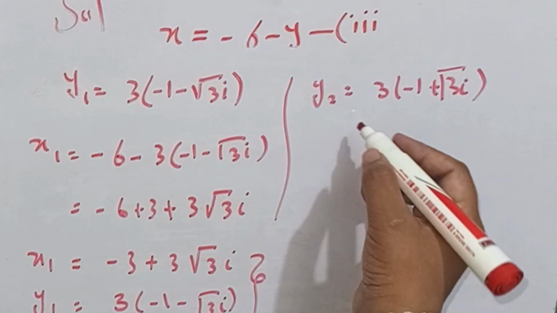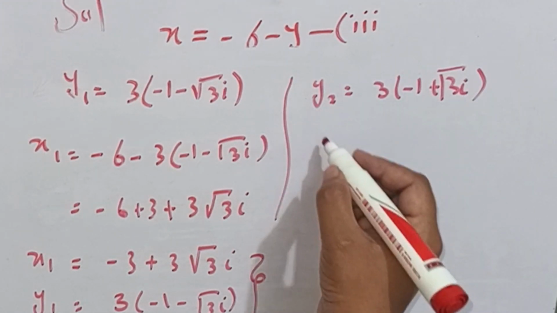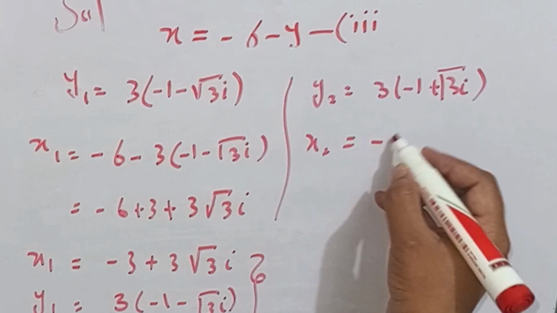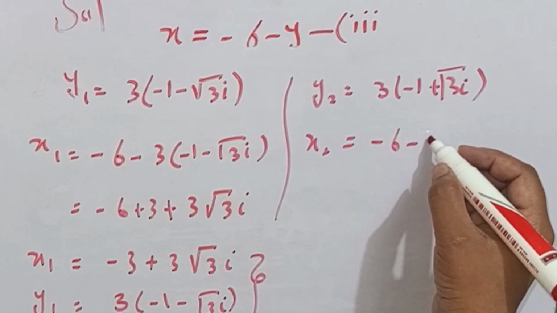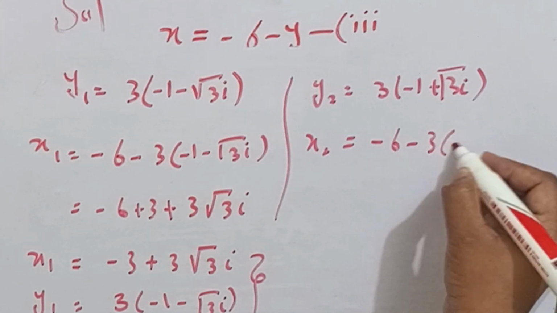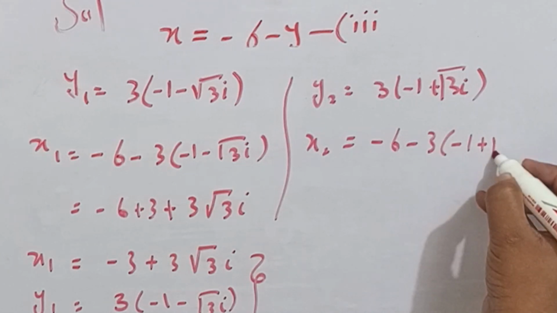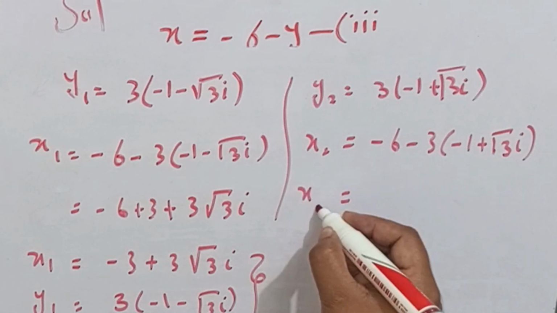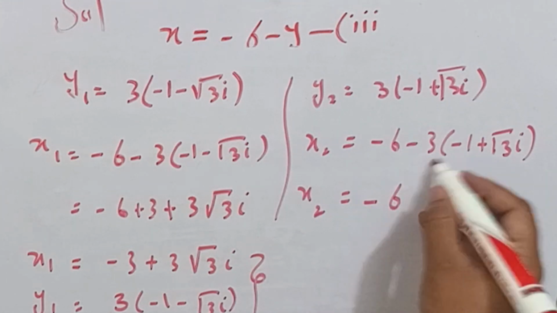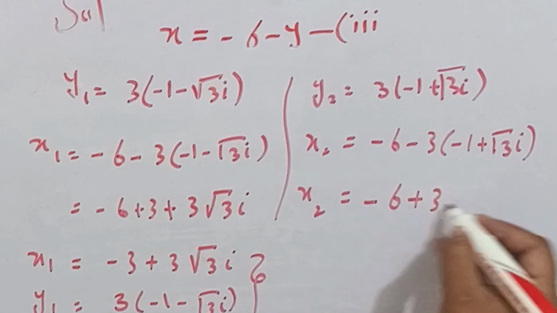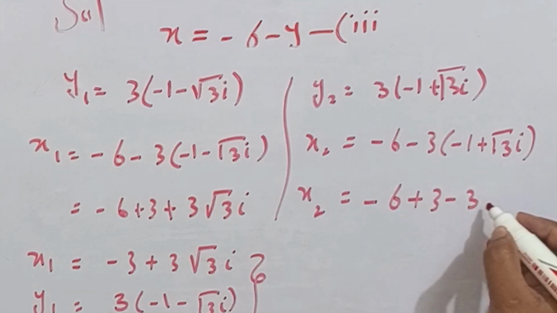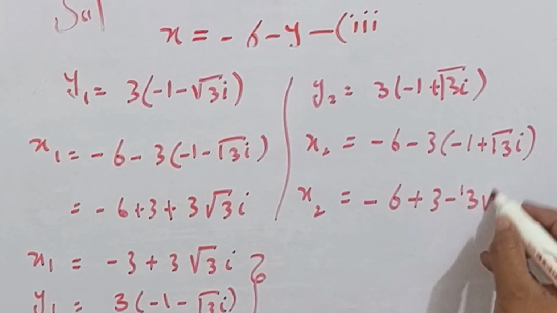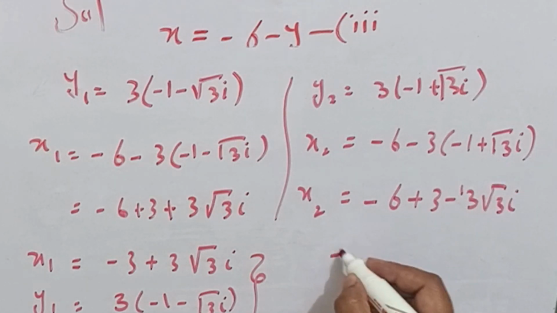Now we take this y2 value and find x2. For this we use equation 3, which is negative 6 minus 3 times negative 1 plus square root 3 iota. So x2 is negative 6, multiply these values, then we have plus 3 and minus 3 times square root 3 iota.